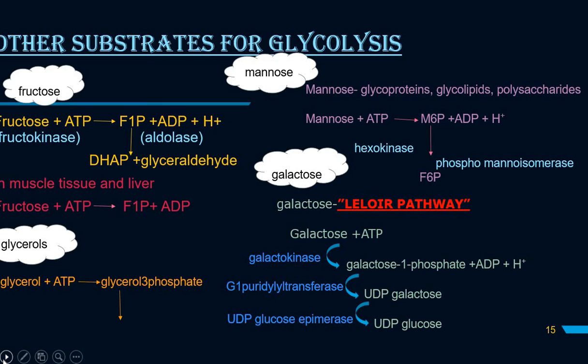Glycerol in presence of ATP converts into DHAP. So these 4 substrates lead to glycolysis without the use of glucose, and they all consume ATP. As such they are priming reactions.